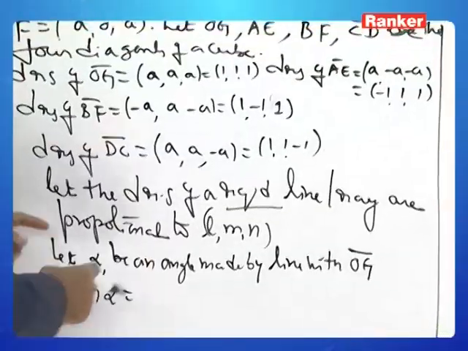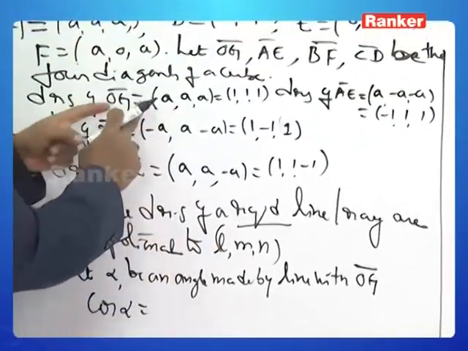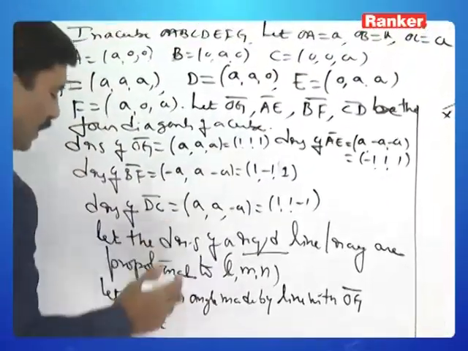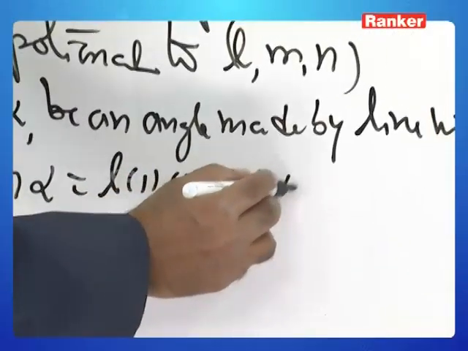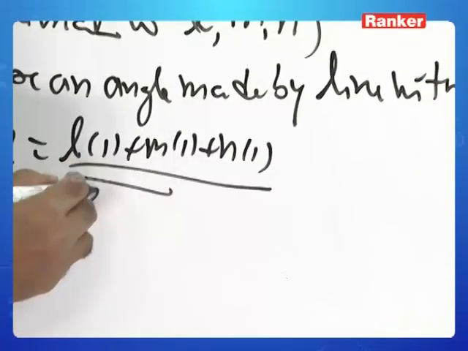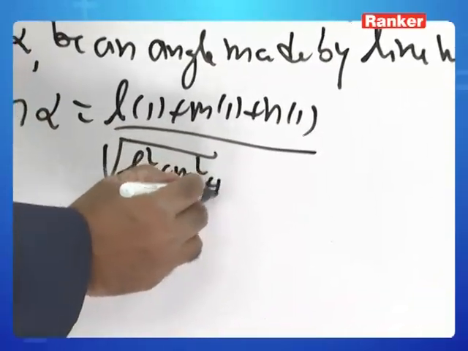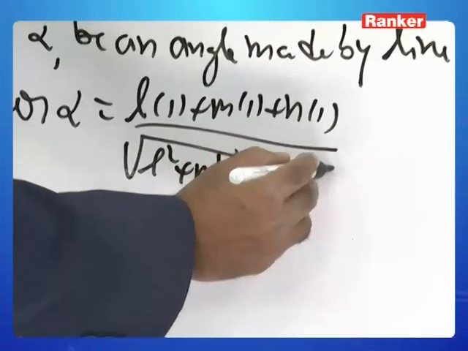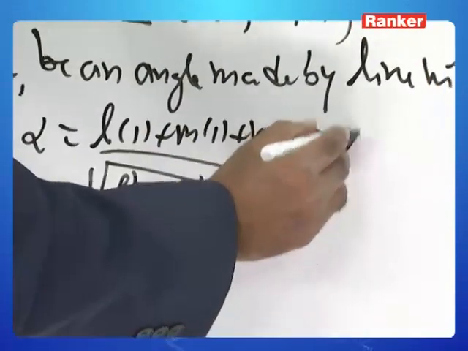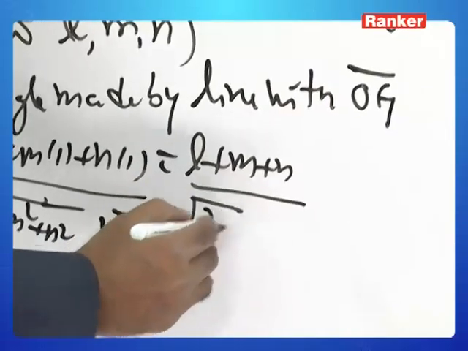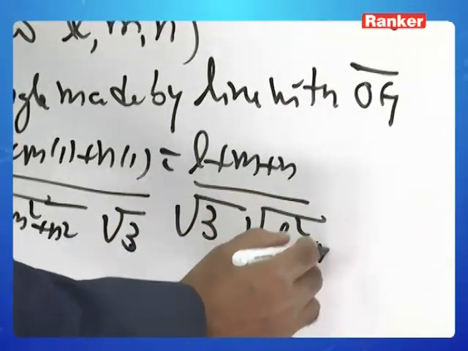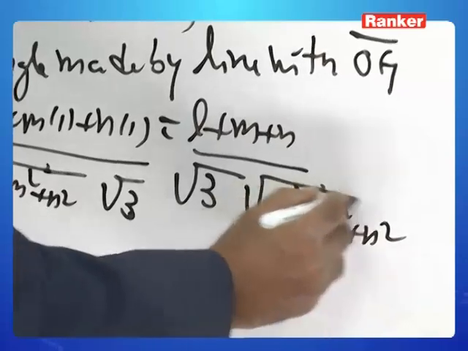Now what is OG? OG is here, right? You take l into 1, m into 1, n into 1, over square root of l square plus m square plus n square into root 3. So therefore, I can write l plus m plus n over root 3 into square root of l square plus m square plus n square.